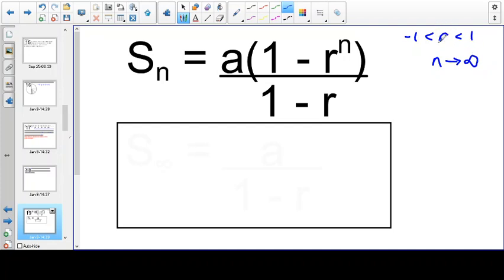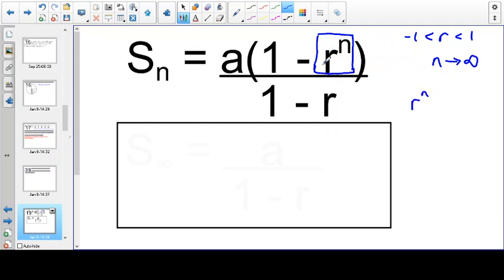Well, if r is small, less than 1 or greater than -1, so 0 point something, and you apply a big power to it, this bit here is going to tend to 0.